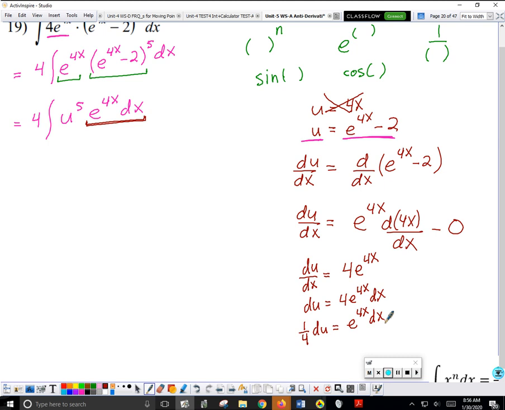Question? So now I've got it. 1/4 multiplied by du is exactly the same thing as e to the 4x dx. So up here I can replace like this.